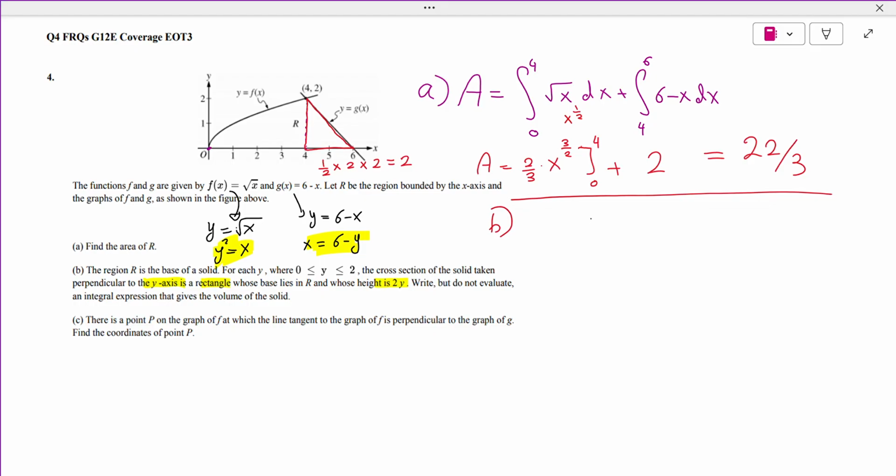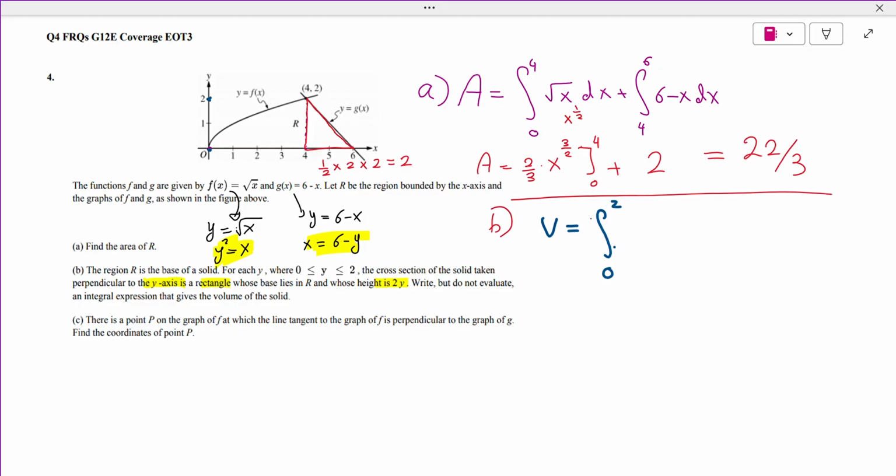So for part B, the volume is given by the integral from 0 to 2. Look at the graph. We will start from this point up to this point here, from 0 to 2, of the outer minus inner. Which one is farther from the y-axis?